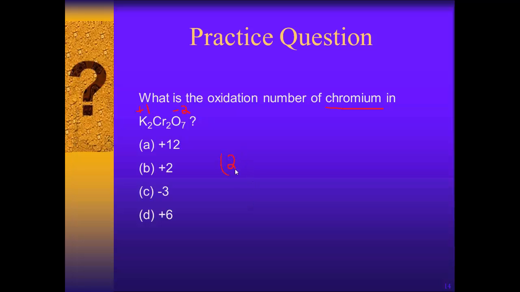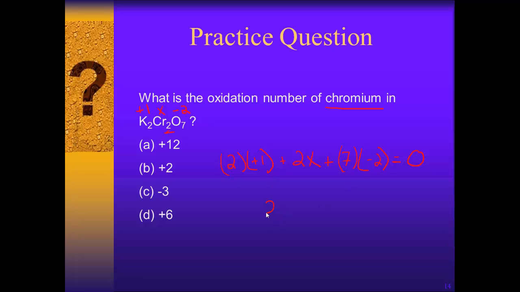We have 2 times the +1 plus 2 times x, right, with chromium being our x oxidation number, and there are 2 chromium atoms, plus 7 oxygens in this case. Each one of those is -2. The sum of those has to be 0.